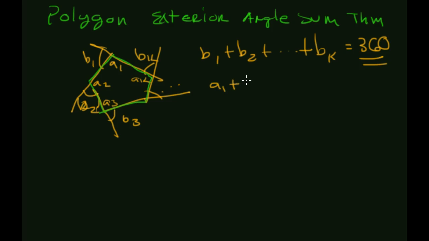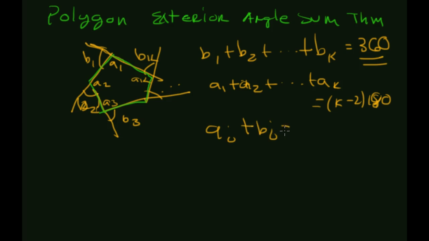We know that A1 plus A2 plus out to AK has to equal K minus 2 times 180 by our last theorem. We also know that since each of these is extending out, then AI plus BI has to equal 180 for all I, which are from 1 to K.